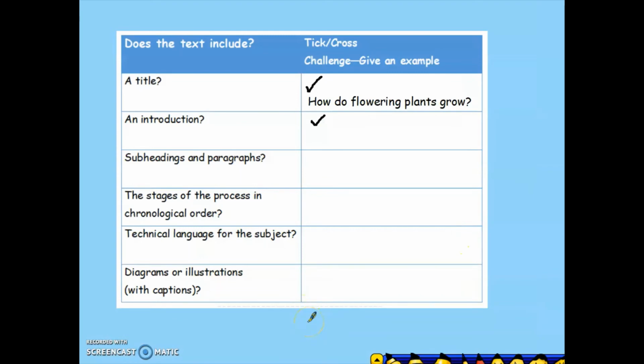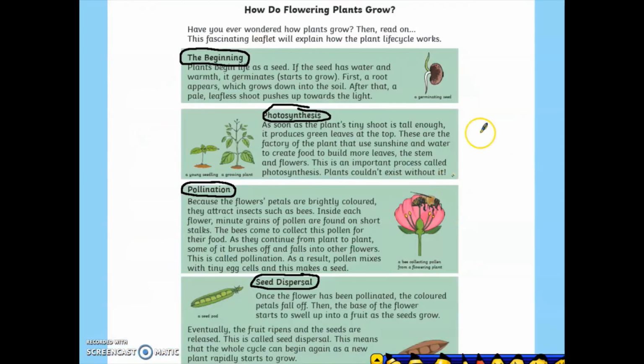The stages of the process in chronological order. We know that the text is talking about how a plant life cycle works. So that is the process. And we can see that it's taking you through step by step how the life cycle works. The beginning.